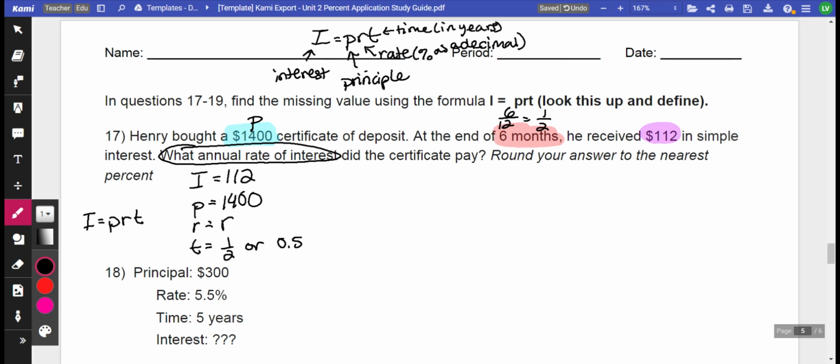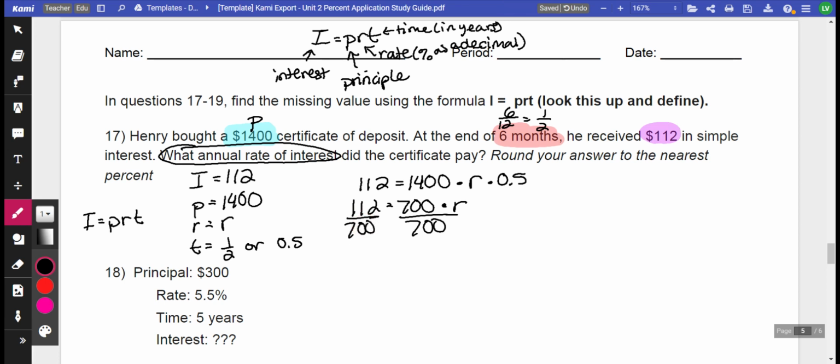So I'm going to plug all of these into my equation, I equals PRT. So 112 equals 1,400 times R times 5/10 or 1/2. So 112 equals, well, half of 1,400 is going to be 700 times R. And then I'm going to divide both sides by 700.